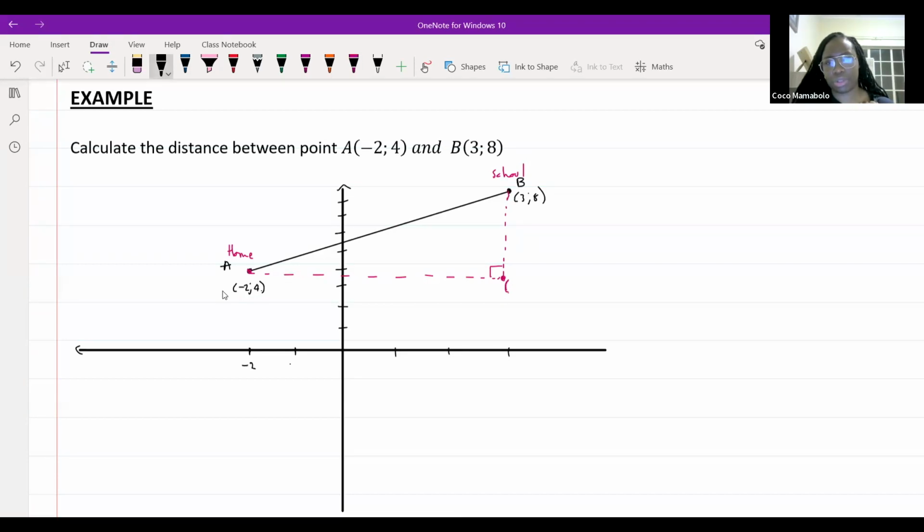This is -2, -1. This is 0, 1, 2, 3. What would the x coordinate over there be? Correct, Pumazilo. It's 3. That is 3. Right. And what would the y coordinate over here be? What would the y coordinate be?